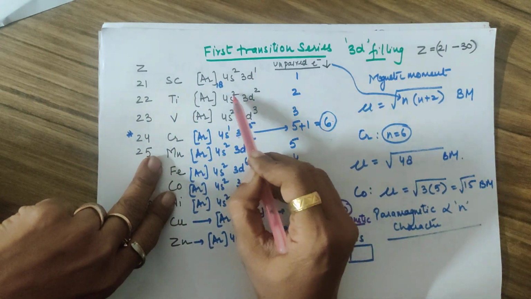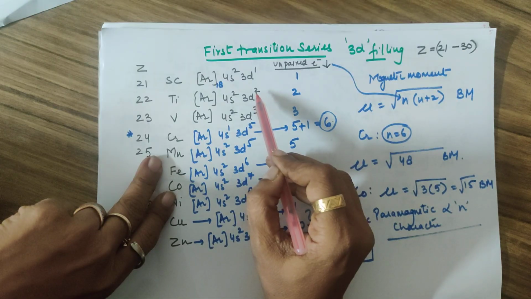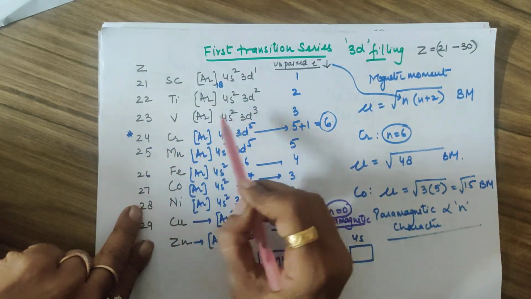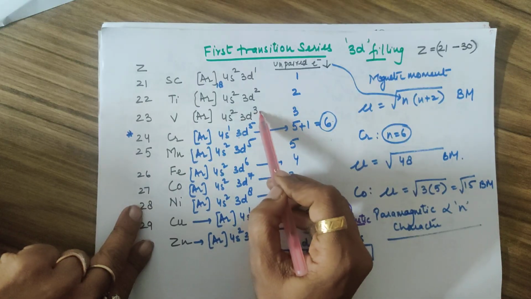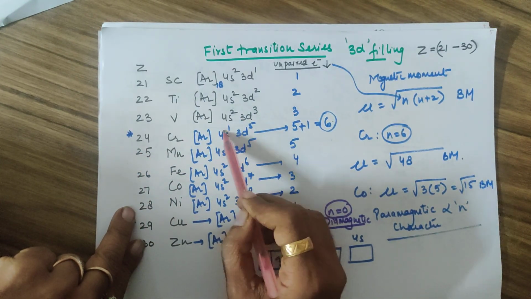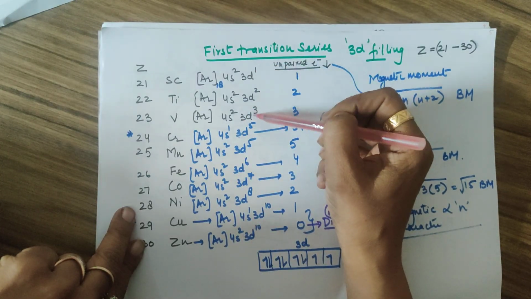In case of titanium, 2 electrons of the outermost shell and 2 unpaired electrons of the 3d will be utilized. 4 electrons are utilized. Vanadium, 2 from here and 3 from here, 5. Chromium, 1 electron from here, 5 electrons from here. So 6 electrons are utilized. So the number of electrons utilized in metallic bonding are increasing.